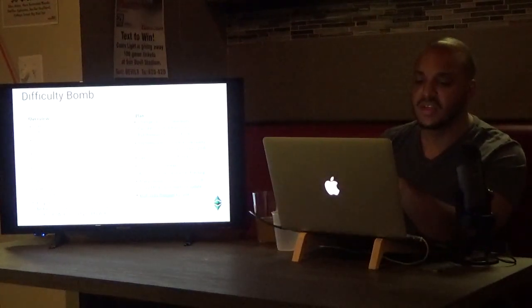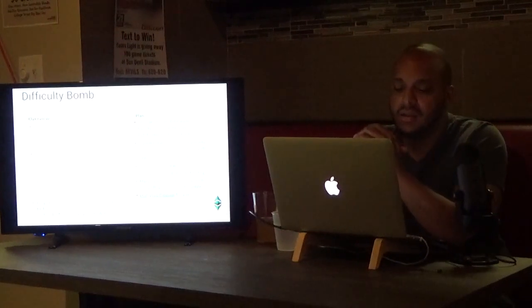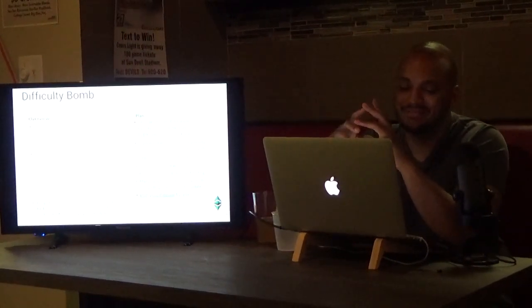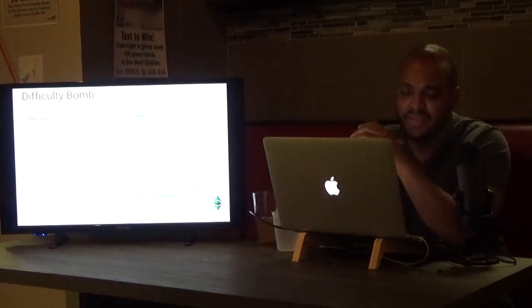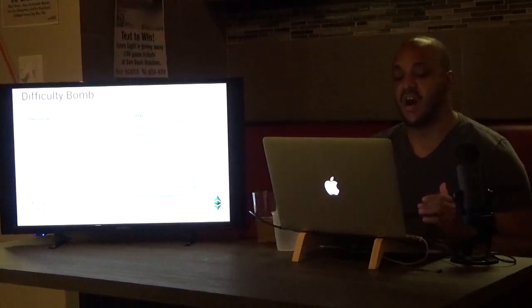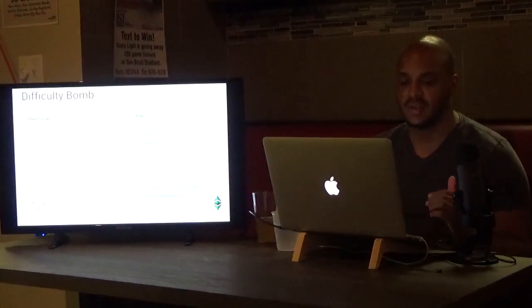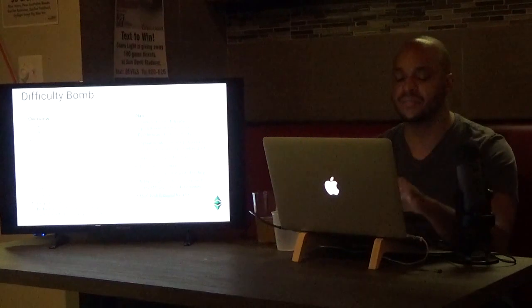So this is a doozy, and this is the main thing that's on everybody's lips right now. This is the difficulty bomb. Essentially, there is a bit of code that went in at Frontier, maybe, I don't know, was it Frontier, of Ethereum that set sort of a hard date of when Ethereum had to make a choice to move to proof of stake or some other consensus algorithm.